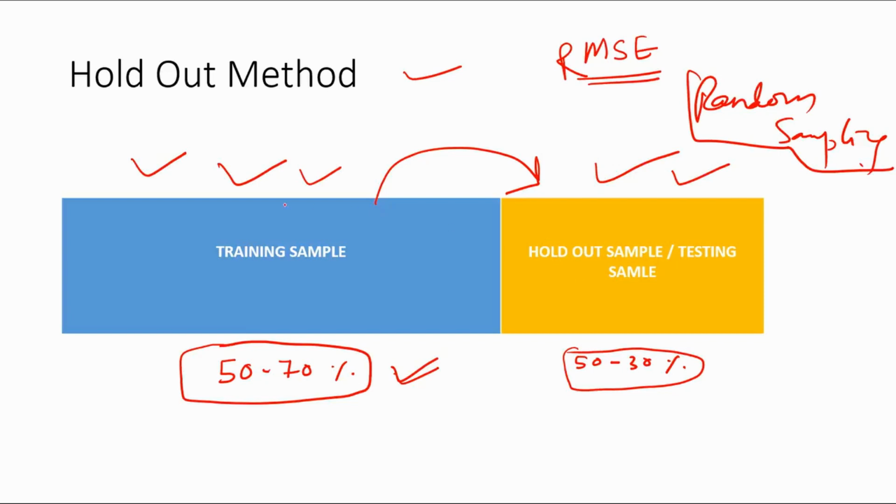For instance, you took this portion as the training, and this sample in the extreme left, this 30% of the sample, as the validation sample. You probably get a different result than what you had got in the previous one. So this is prone to sample bias.